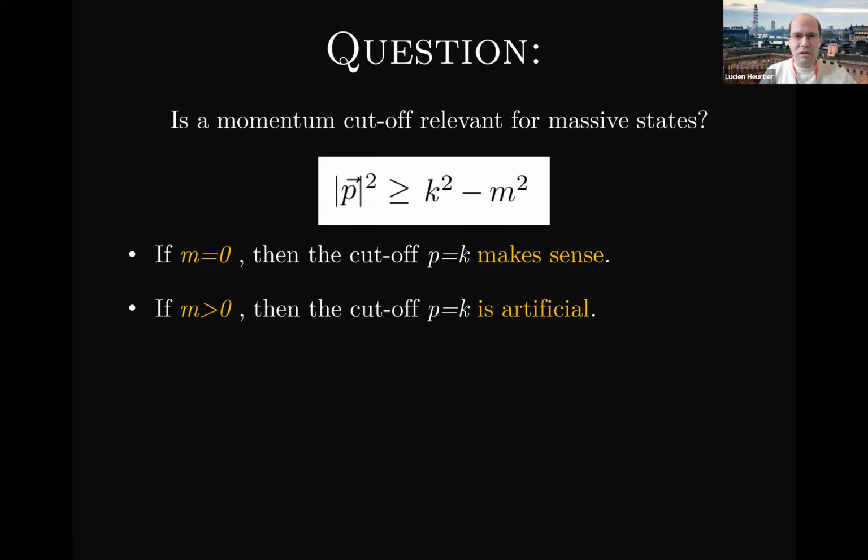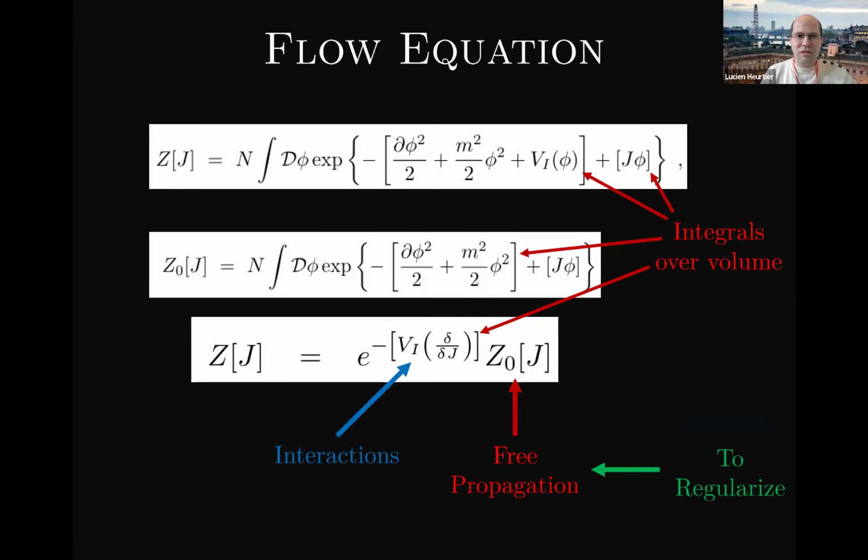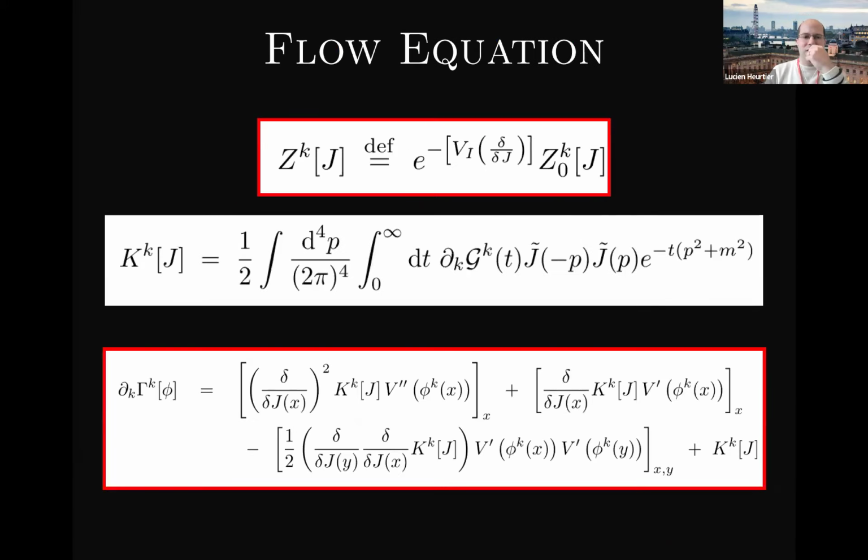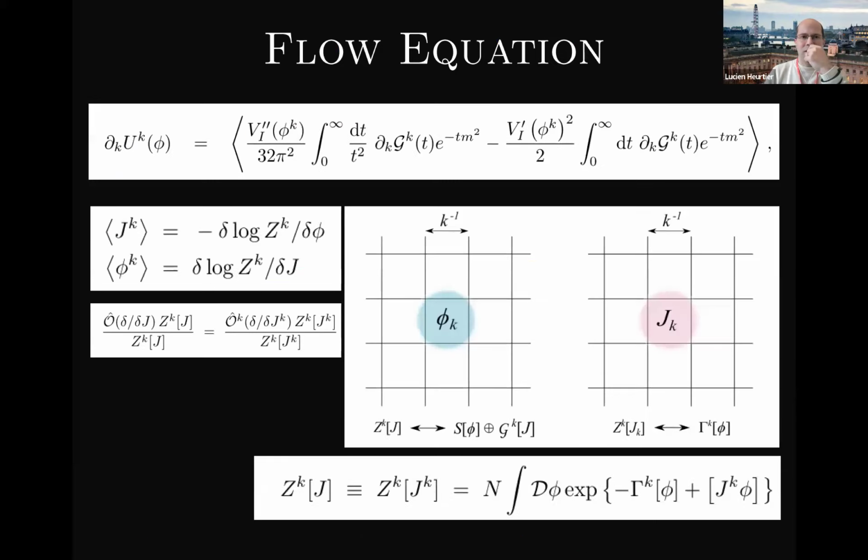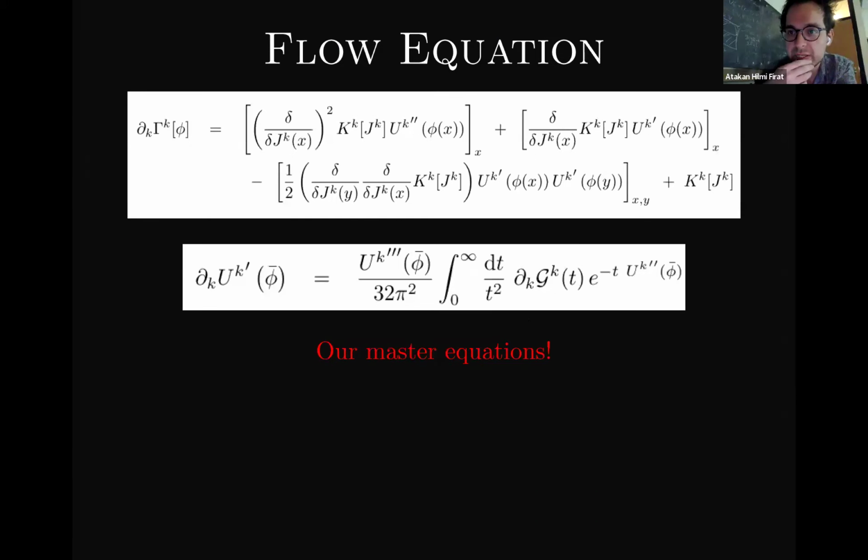Wait a sec. I'm trying to understand what you mean by t equals 0. So what I'm saying is, you had this flow equation, right? This decay, and the range of k is from infinity to 0. Is that correct?